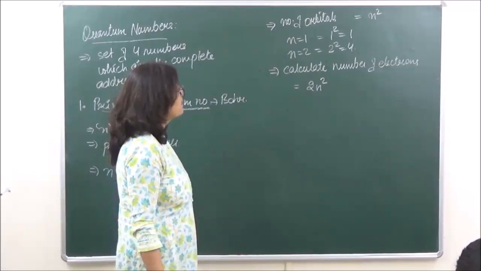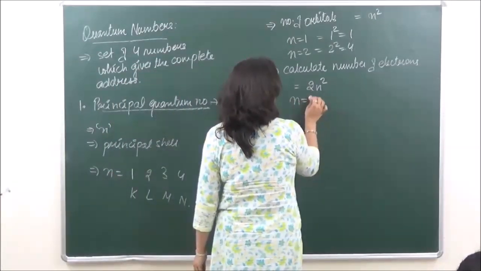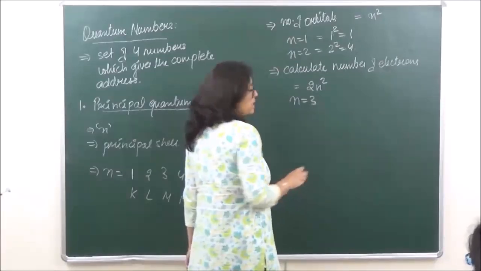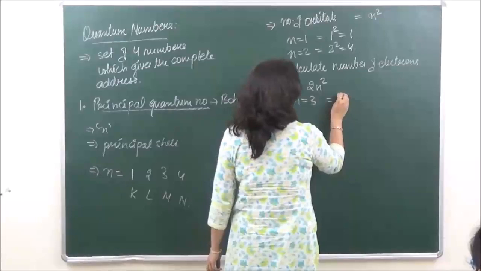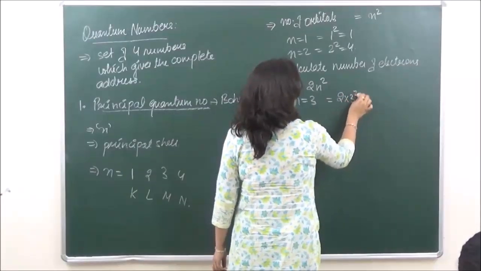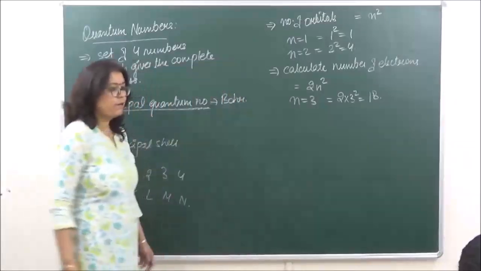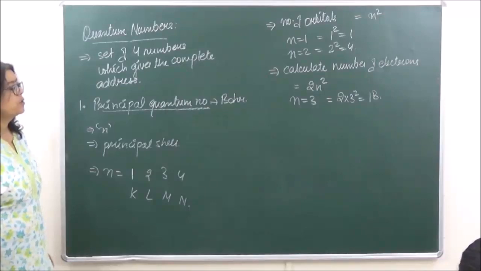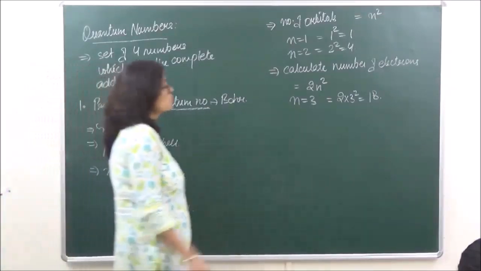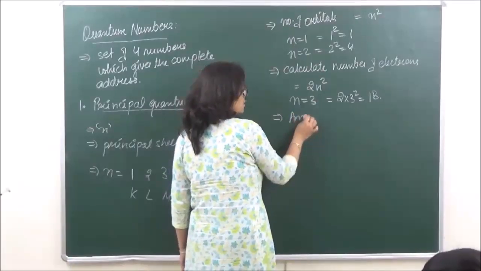For example, if we get a question, what is the number of electrons present in n equal to 3? That is going to be 18 electrons. So when we are talking of the third orbit, the number of electrons is going to be 18.